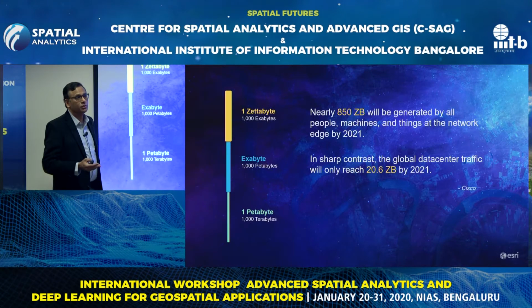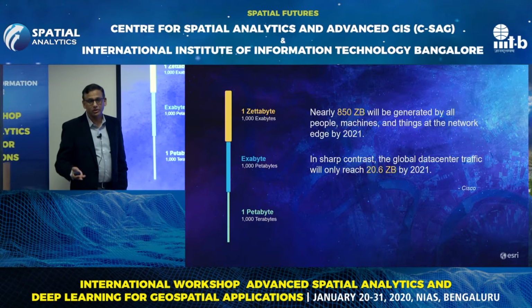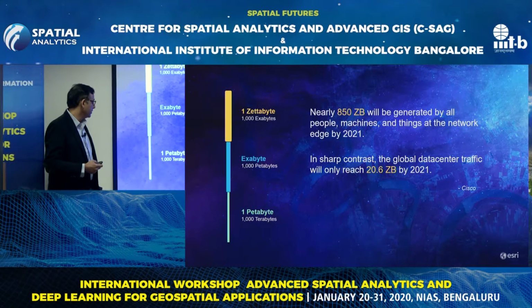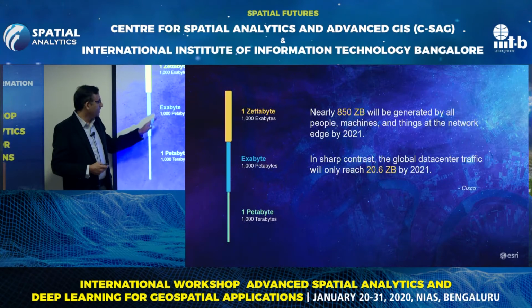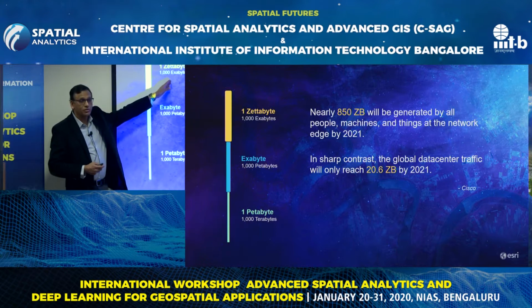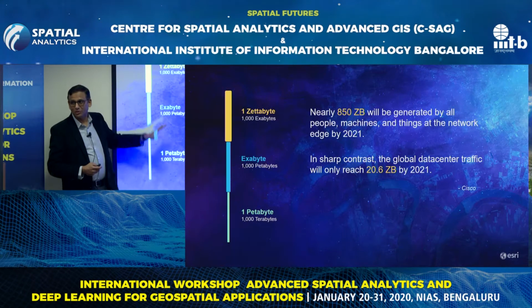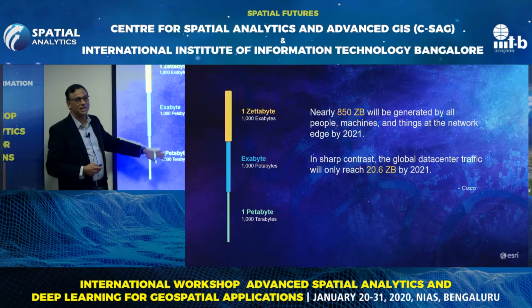Now this is just to validate the claim that it is absolutely essential. We talk about terabytes very often today as large volumes of data. But take 1,000 of them, it becomes a petabyte. Take 1,000 of the petabytes, it becomes an exabyte. Take 1,000 of that, it becomes a zettabyte. Quite a few zeros. I'm not going to count now, but this is just for reference because I'll get it wrong all the time.